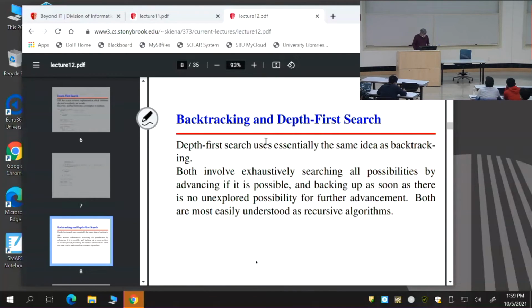But it turns out the idea of backtracking is exactly that of DepthFirst Search. You want to systematically visit all possibilities. DepthFirst Search systematically visits all possible vertices.